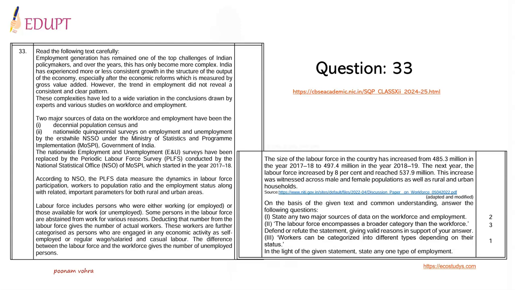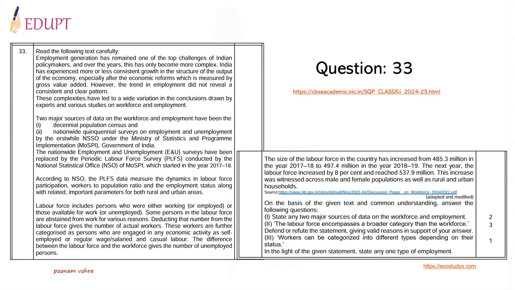Labor force includes persons who are either working or employed or those available for work or unemployed. Some persons in the labor force abstained from work for various reasons. Deducting that number from the labor force gives the number of actual workers.